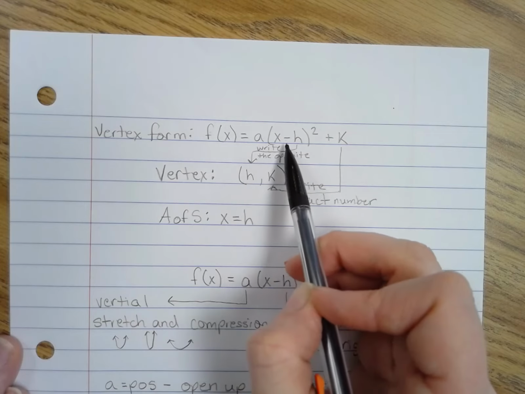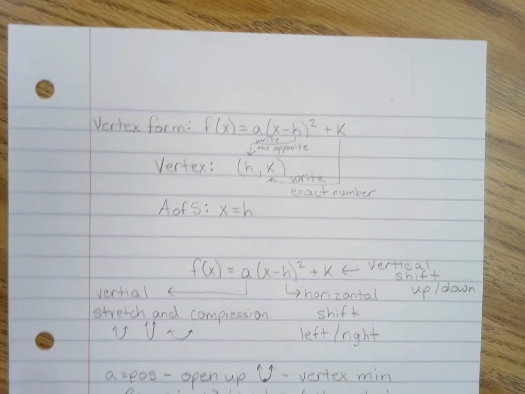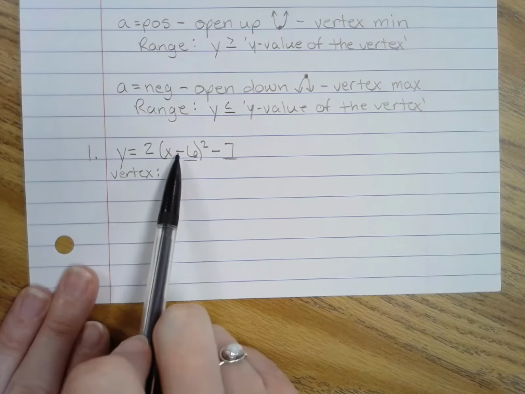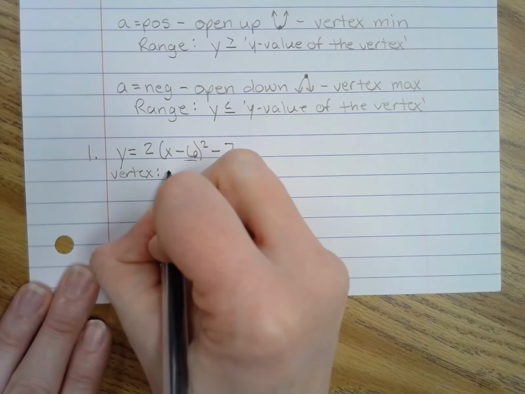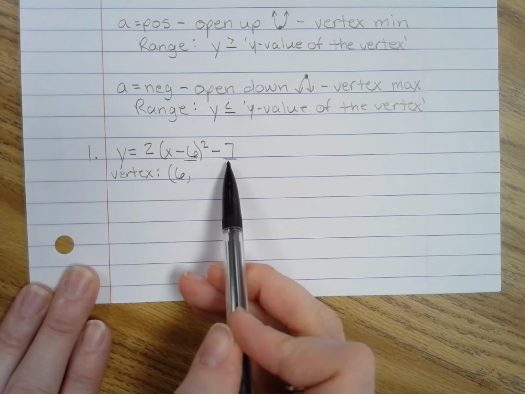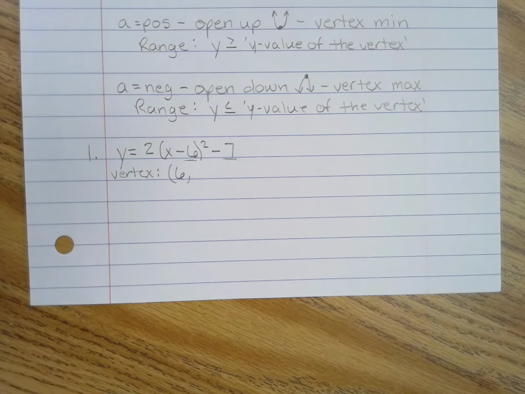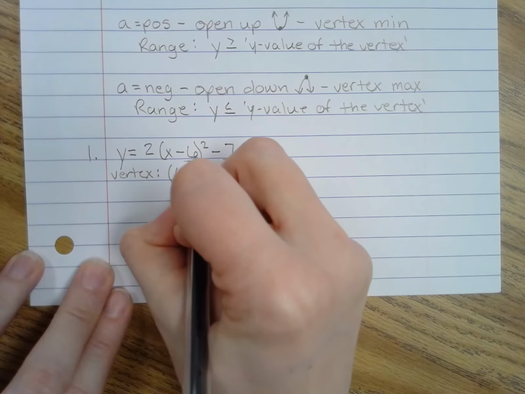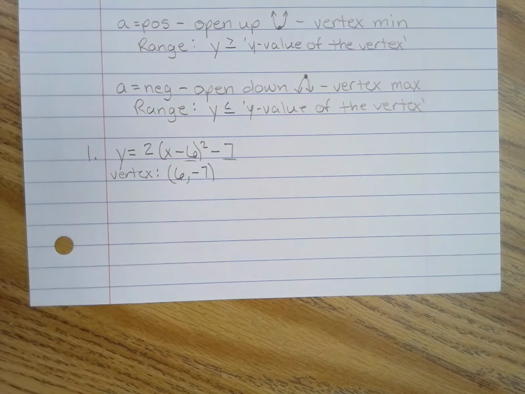We need a minus, so you're going to write down the opposite of what you see. I see a minus, so I'm going to write down a positive 6. For the k value, you see the negative 7, you're going to write down negative 7. Write down exactly what you see for that k value. So the vertex of this function is (6, negative 7).